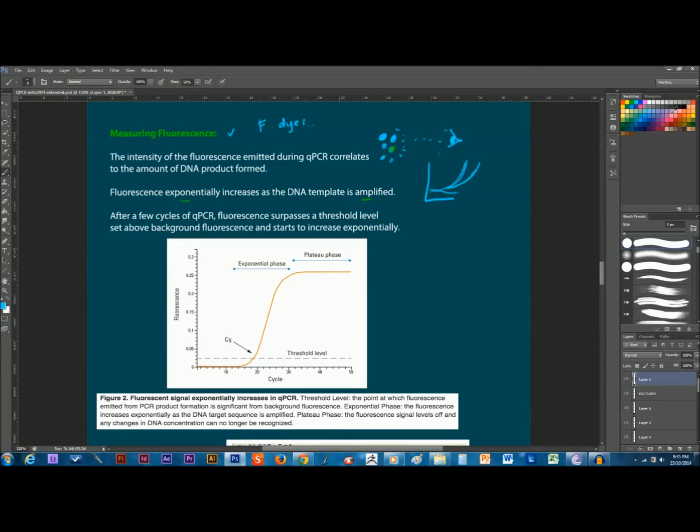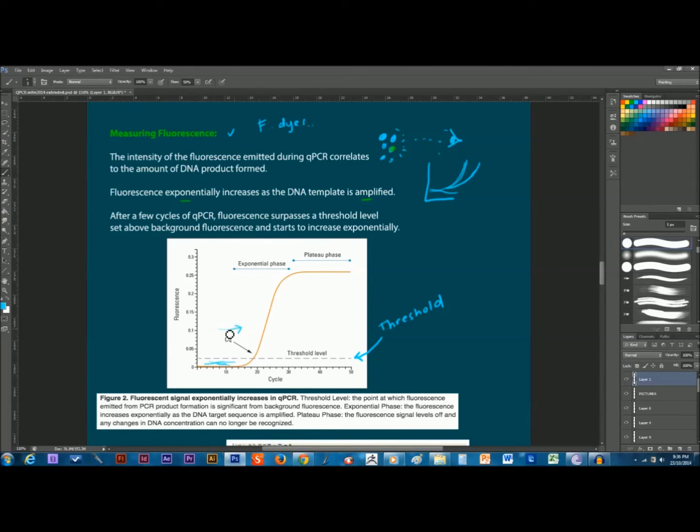After a few cycles of qPCR, fluorescence surpasses a threshold level set above background fluorescence and starts to increase exponentially. Okay, this is the threshold level or baseline. The threshold level separates the fluorescent signal derived from amplification from the fluorescence derived from the reagent.